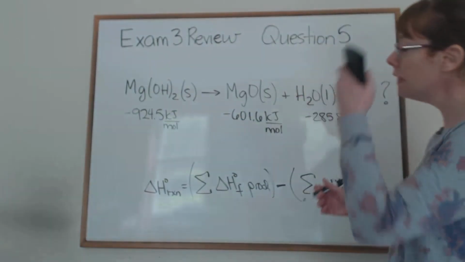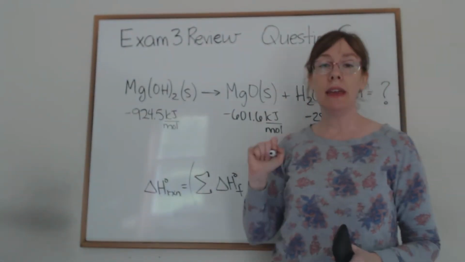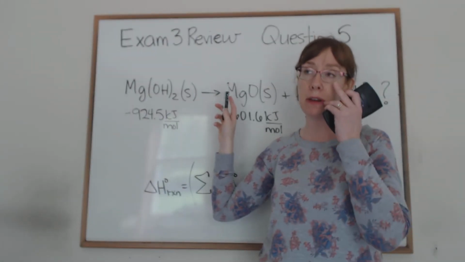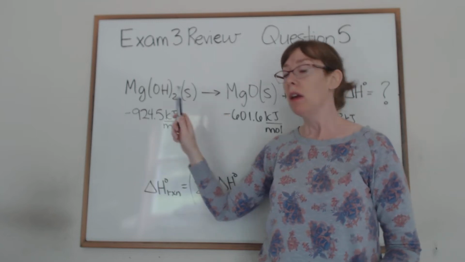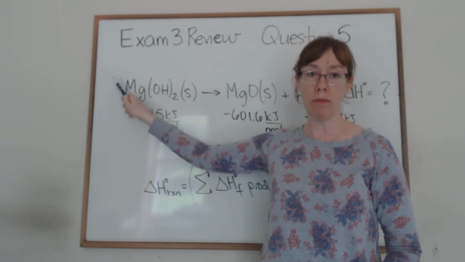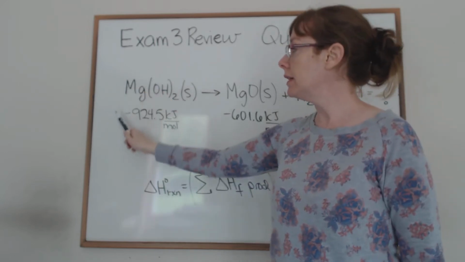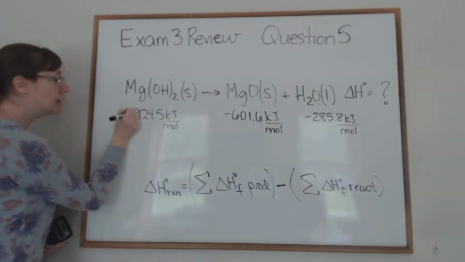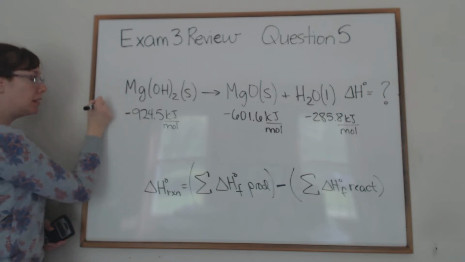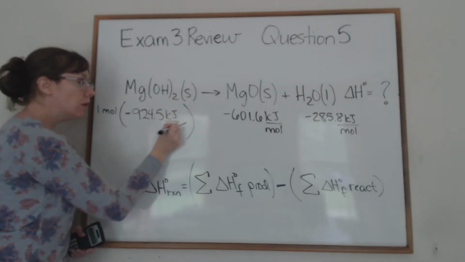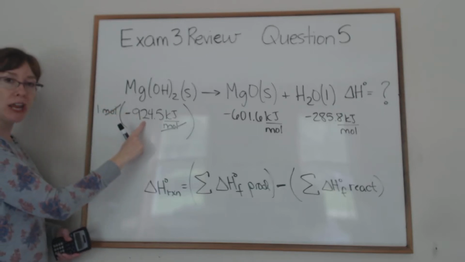Okay, now the key here, and I don't have any coefficients on this equation. I probably should have, as a better practice question. But if you have coefficients, so this stands for 1, everybody knows that. You want to multiply the standard enthalpies of formation by the number of moles. So you have 1 mole of this, so you can see that this number is not going to change.